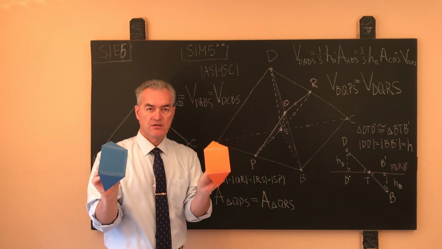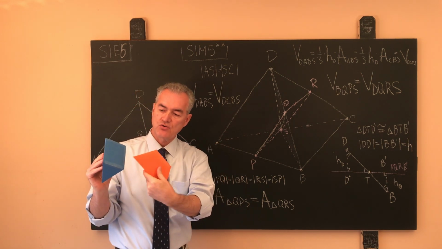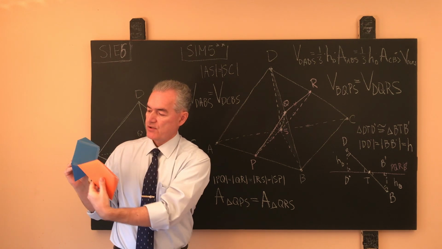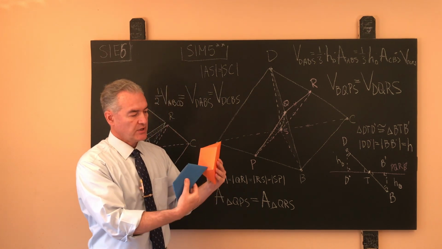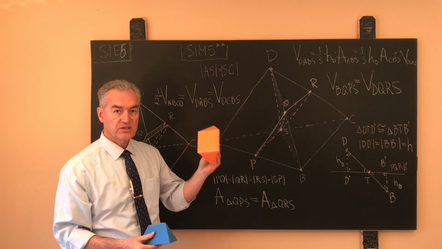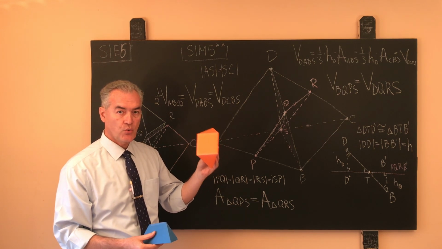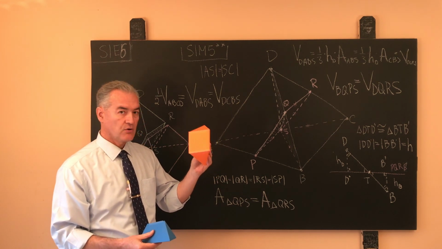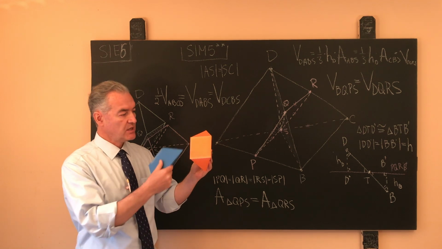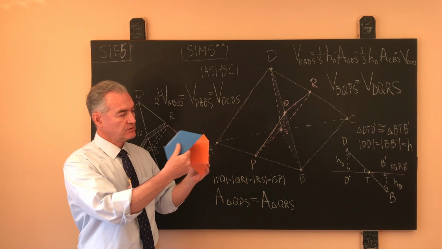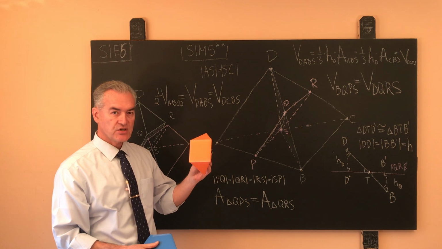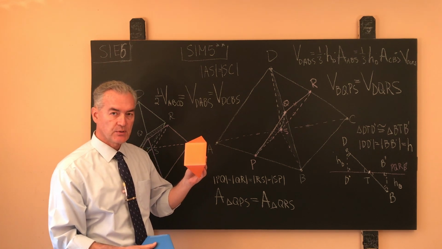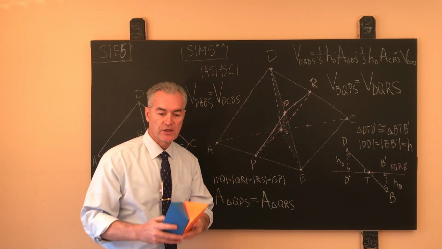And the interesting part is that the cross section over here, on this guy and on this guy, is precisely a square. Now, how can we prove that this particular cross section is not only a rhombus but a square?